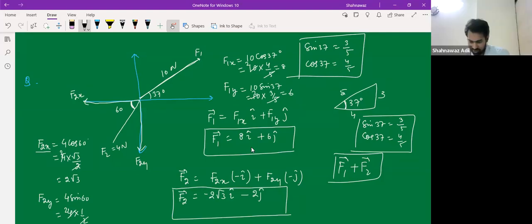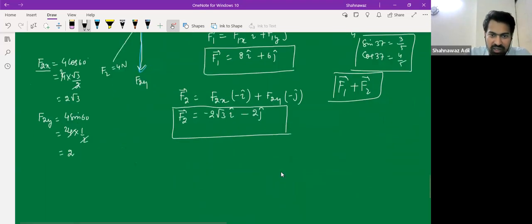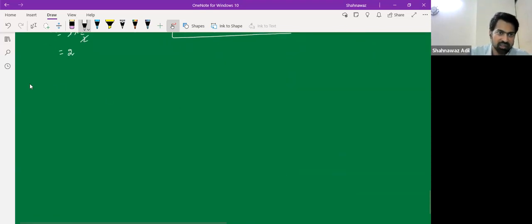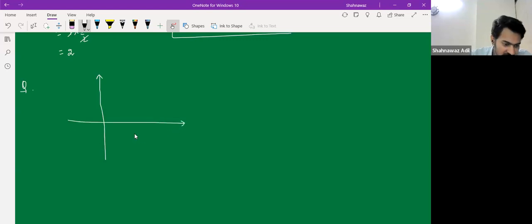Finished? Okay, now I need to determine the resultant of the system of vectors. So this is the question. Now you see whether the homework questions are easy or tough. This was the first question.